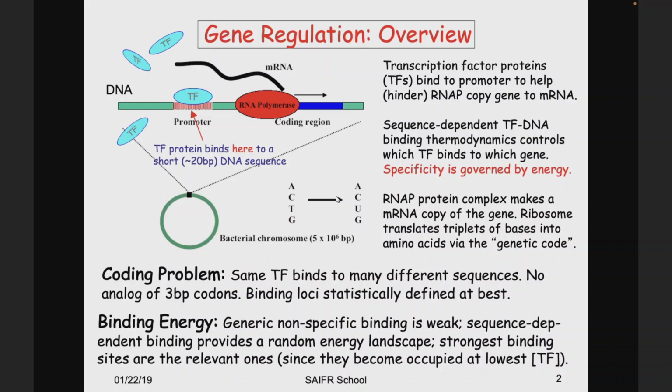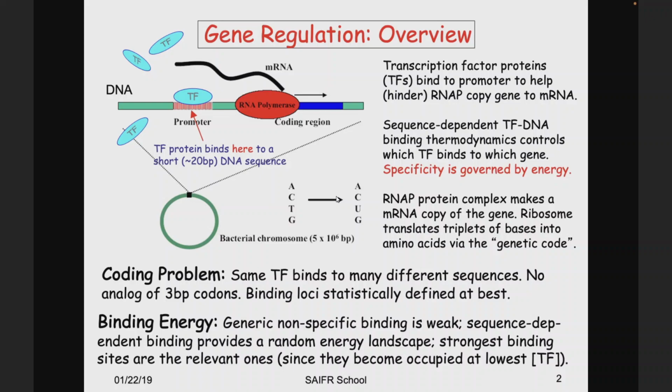So transcription factors are proteins that have a domain that is designed to recognize a stretch of DNA, and it can be particularly designed to bind preferentially to some specific set of bases in a specific order, all right?